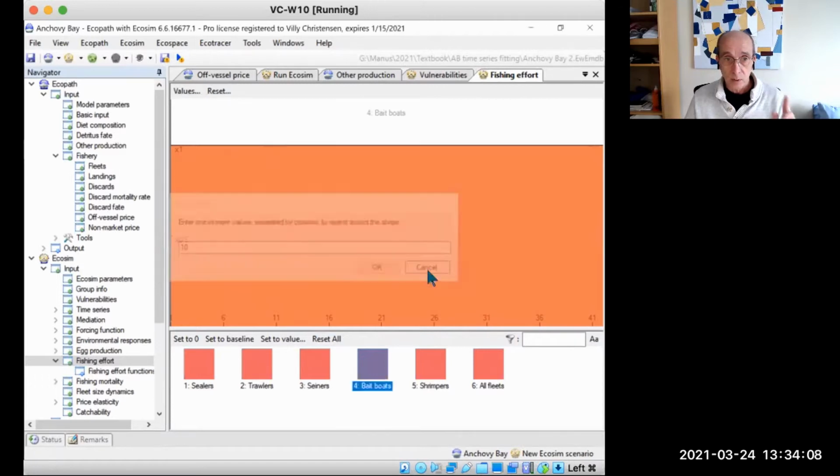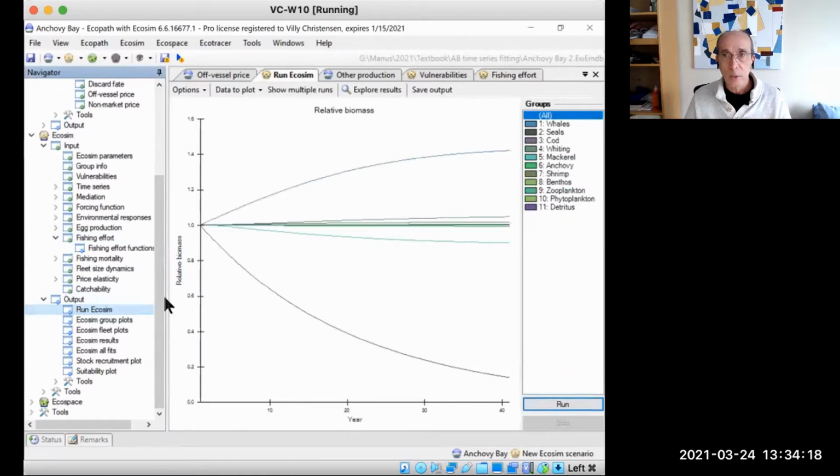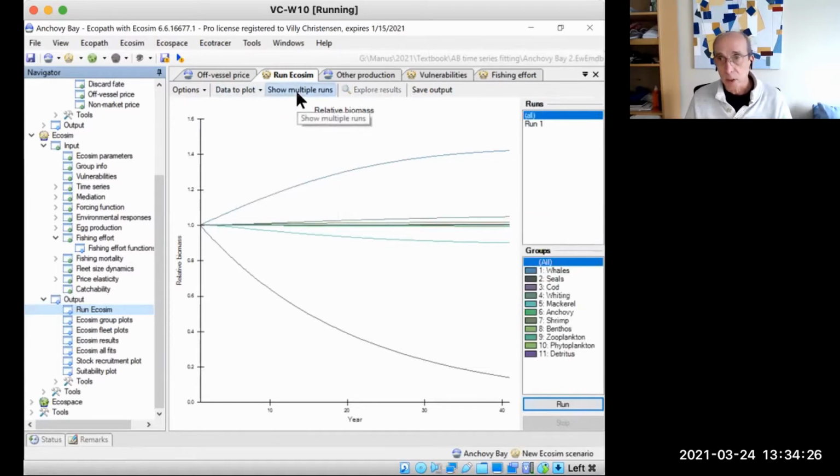No, one thing first. We can go here, run Ecosim, and just make sure we have a run. We have one here, so we have the results. I can click show multiple plots, and we're going to store this as run 1, and we can compare what happens in different runs.